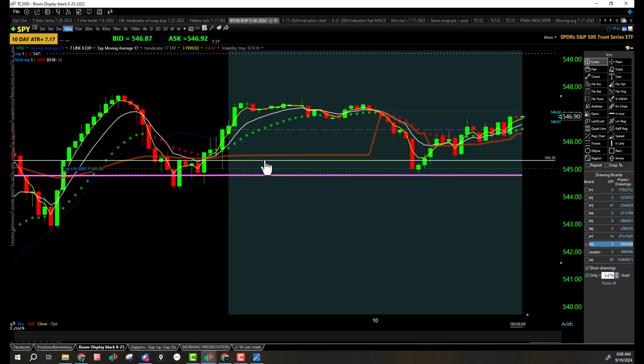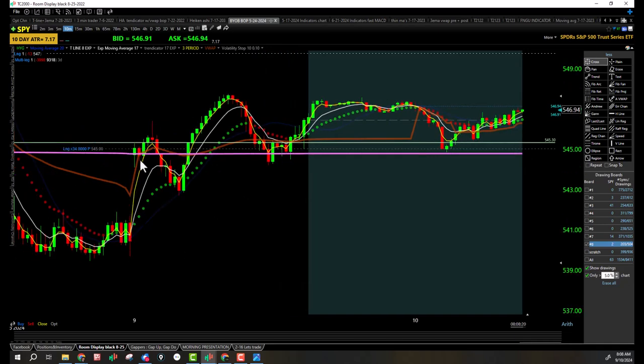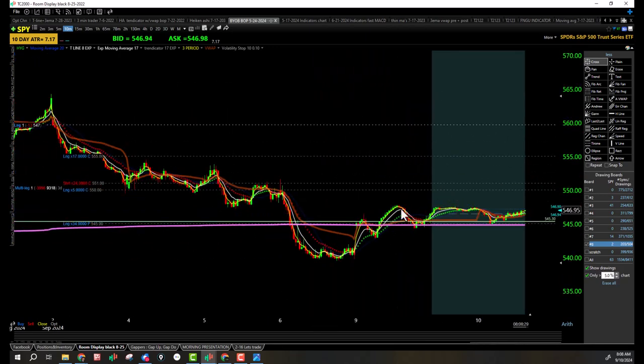Now you can see here's price action coming down to this area right here, 545.21, a little bit lower, and then it reverses out of there. We got up to it, and then we reversed back down, and then we came back up. So there's SPY. Then we had ourselves a little downtrend happening right here.